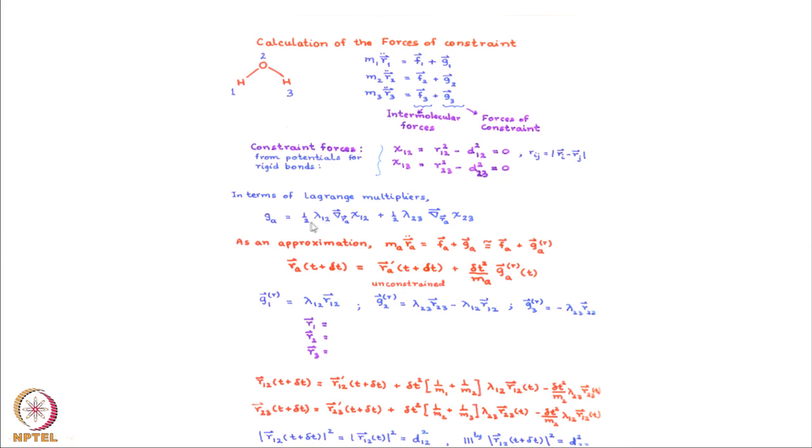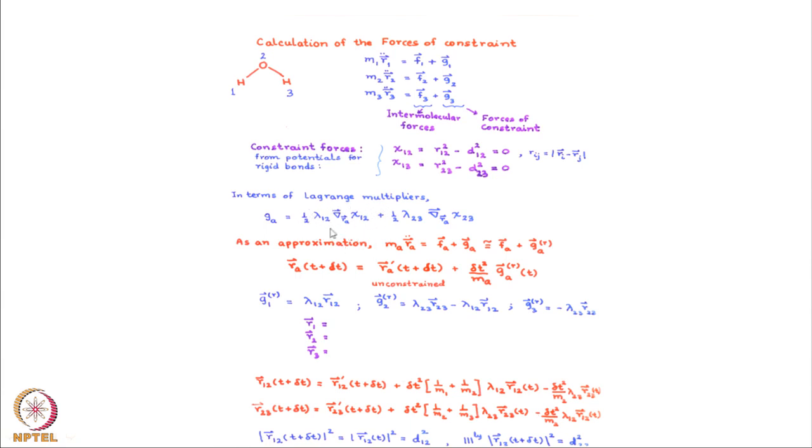So, there is a force on each atom due to all the constraints on that atom. So, in particular, the constraint on GA is the gradient with respect to RA of x12 and also the gradient with respect to RA of x23. Both constraints have to be used. So, this is a rather complicated problem.